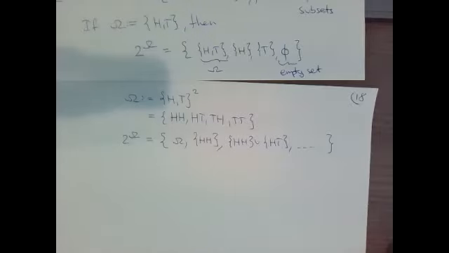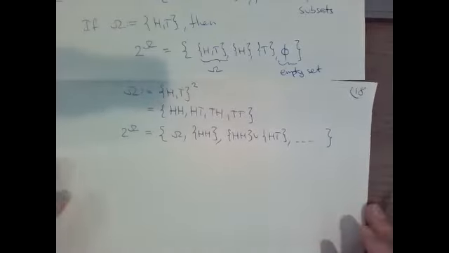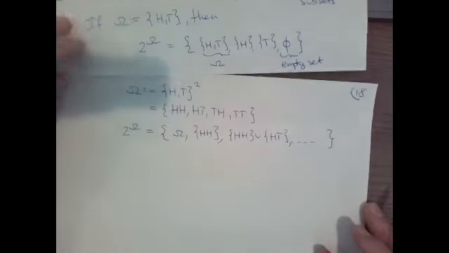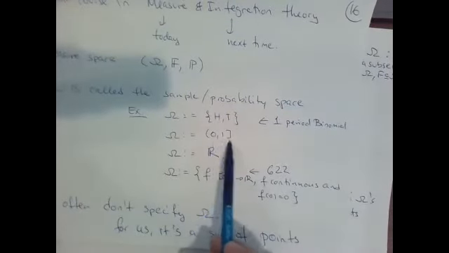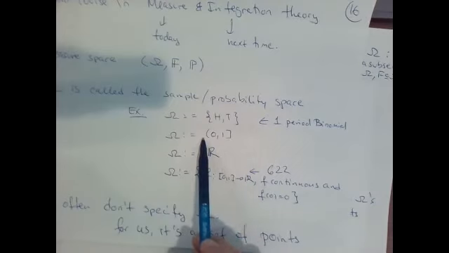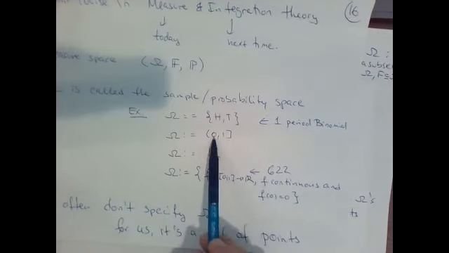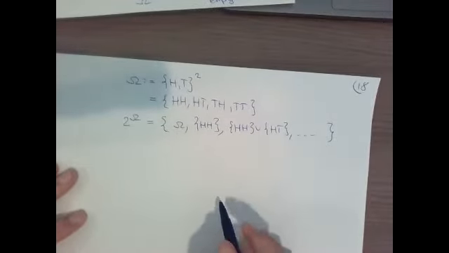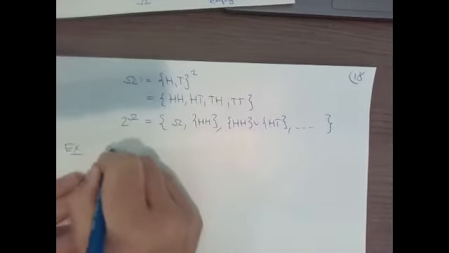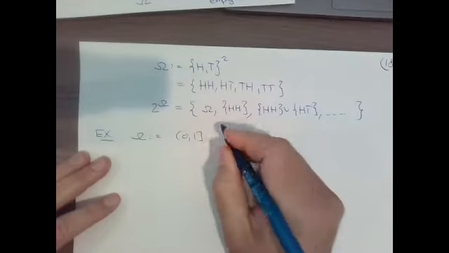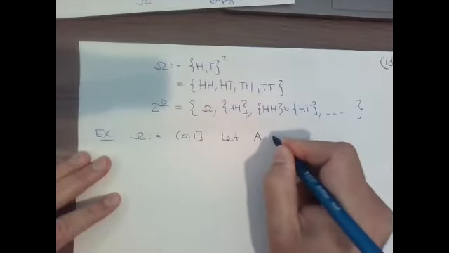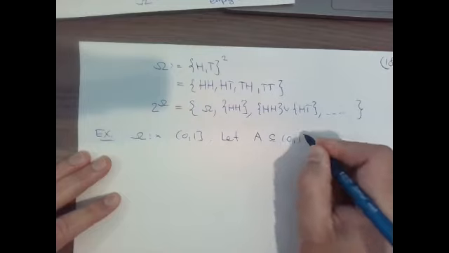There are many others, and when you move away from just having a discrete space here, you start having uncountably many elements in your set. Then stuff changes, and for example, if I take omega to be this half open interval, I could take a set A, which is inside this half open interval.